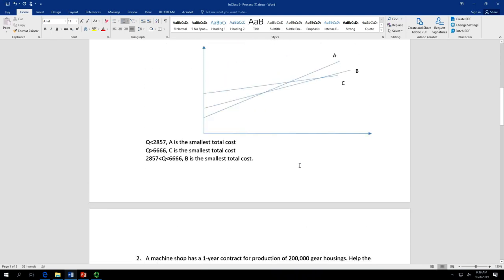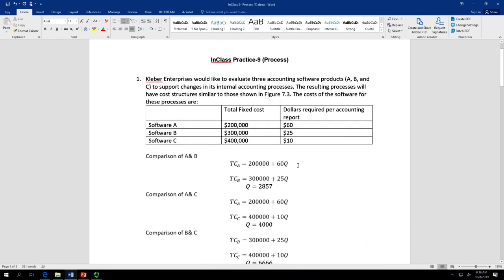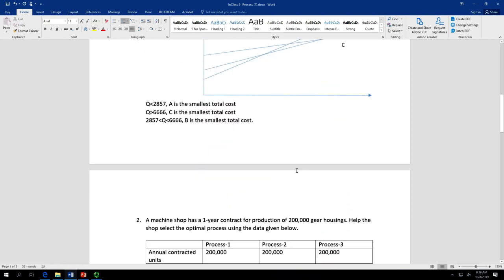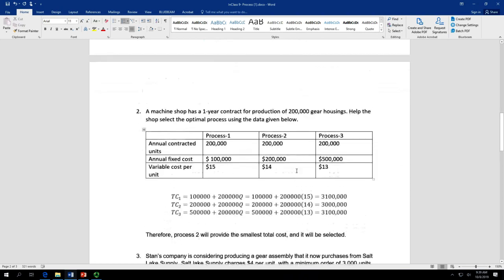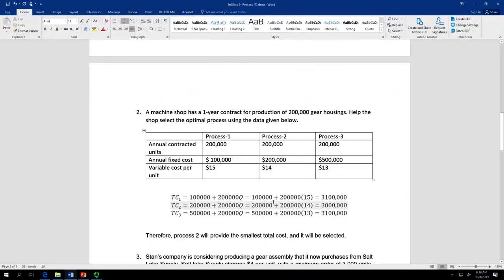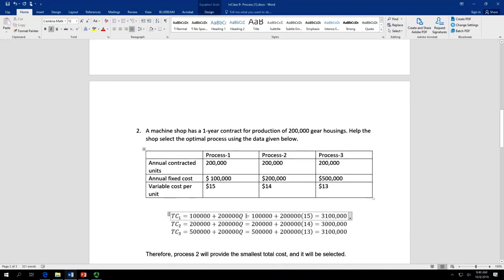Actually, example A and example B are the same kind of formula. You all use the formula: fixed cost plus the quantity level times the unit cost. Here we are already given the quantity level equal to 200,000, and also given the variable cost.